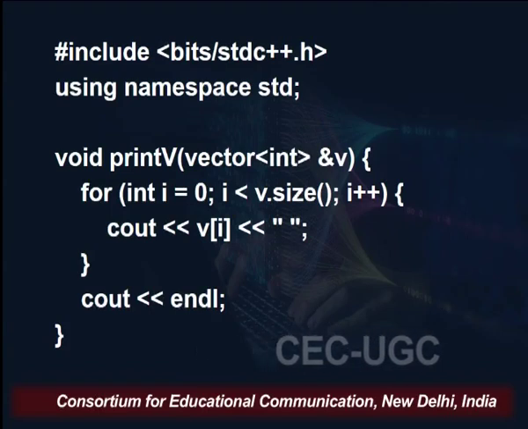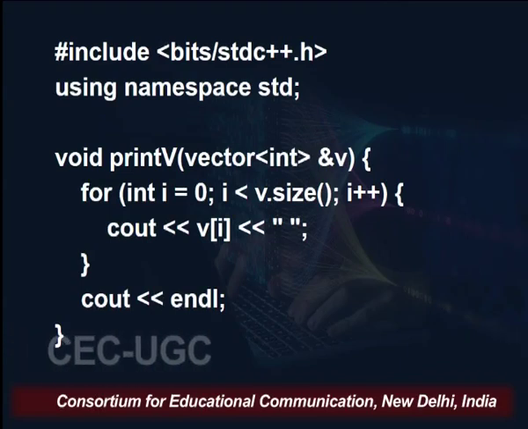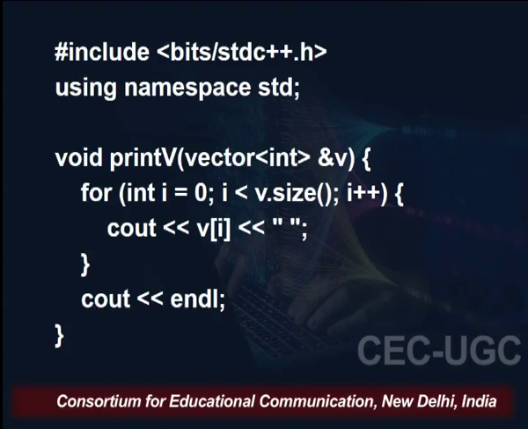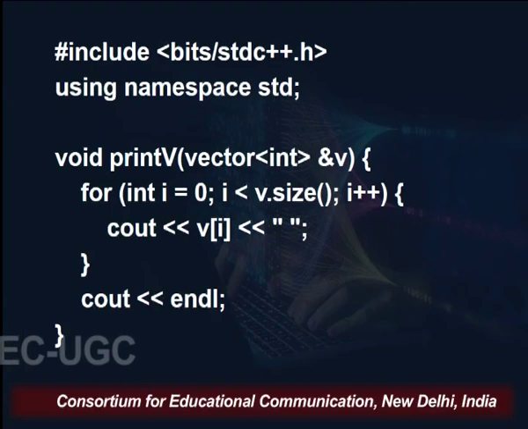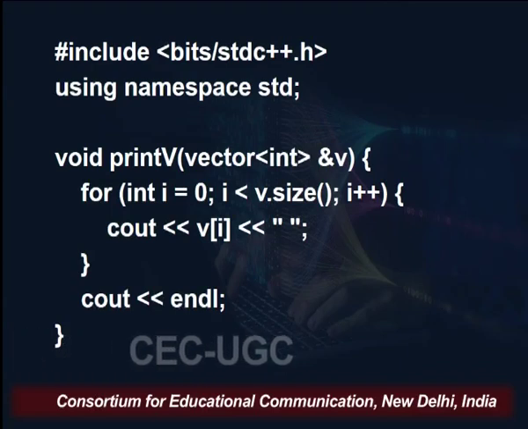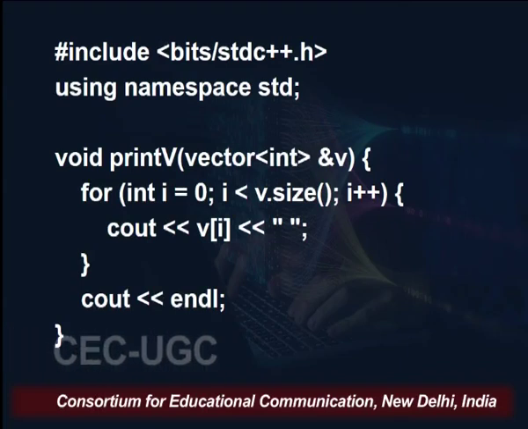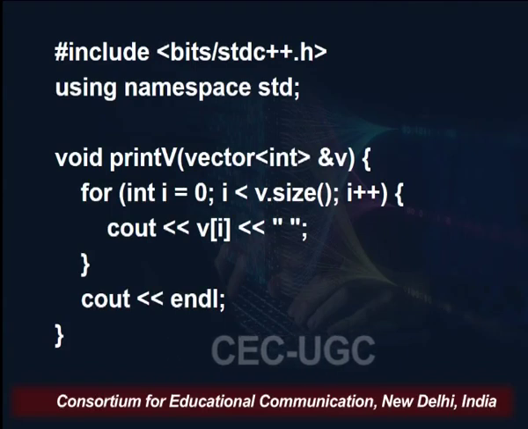So, this is void print, the name of the function, and within this bracket we have passed a vector of integer type, ampersand v. This v is nothing but the name of the vector, and it is passed using the ampersand, and I am sure that you are aware of why it is required to pass this with the help of an ampersand.